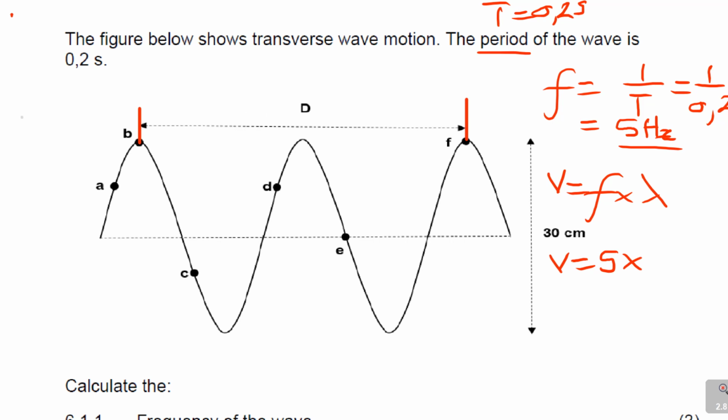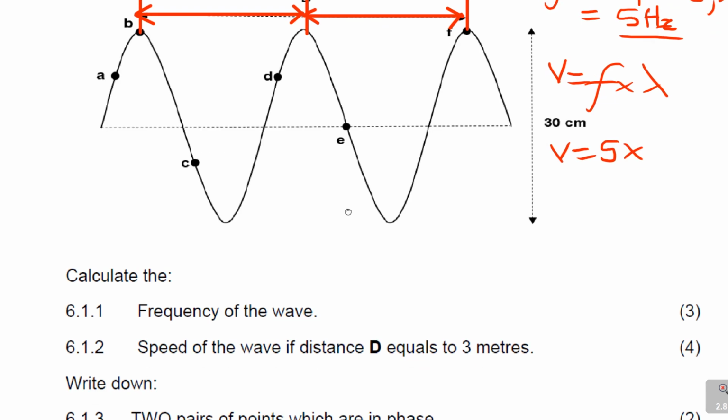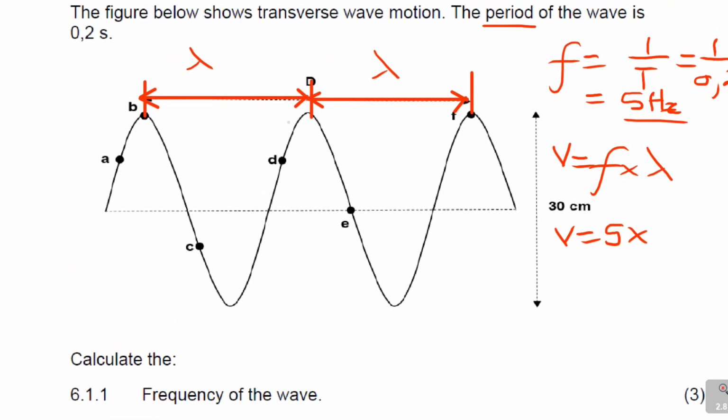Remember, what is the wavelength? Wavelength is the distance from crest to crest. So look, this is the distance. That's the wavelength. And then this is another wavelength. Do you see that? So if this was wavelength and this was wavelength, and they told us the whole distance d is 3 meters, meaning this is 1,5 and this is 1,5.